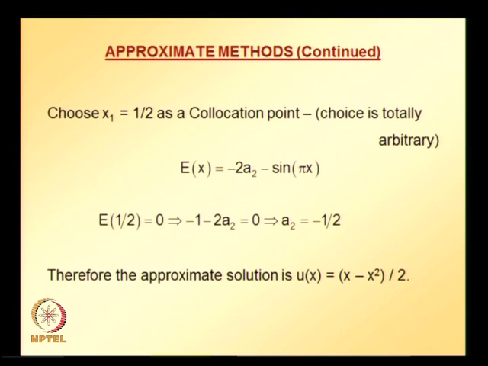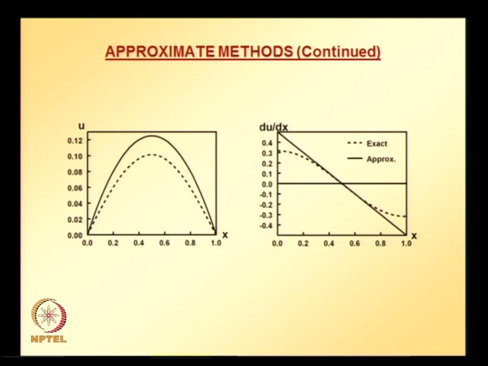To see how the solution matches with the exact solution, we can again overlay the plots of the exact solution and the approximate solution. I forgot to mention, even in the previous plot for the least square weighted residual method, the derivative of the approximate solution is also shown.